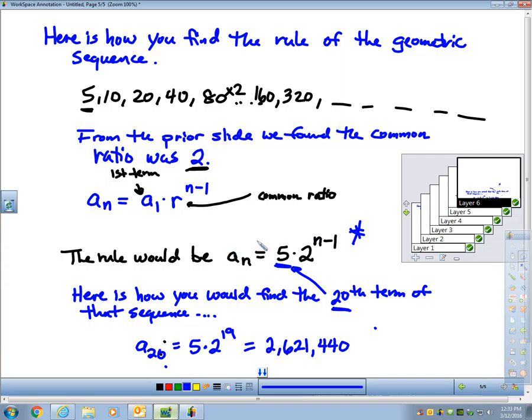We don't want to have to find the 100th term of a geometric sequence by doing it by hand one at a time. It's going to take a long time. If we just remember, hey, all we got to do is write the first term down, write the common ratio down, and then the exponent would be how many terms we want minus the first term. It's a quick calculation, okay?